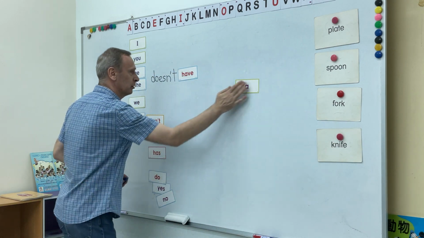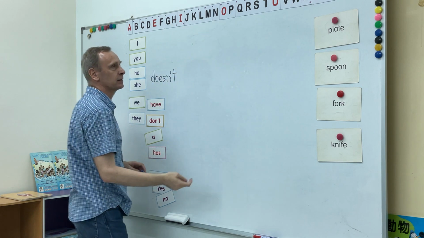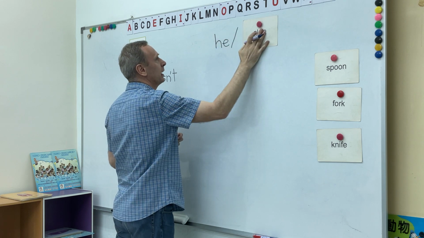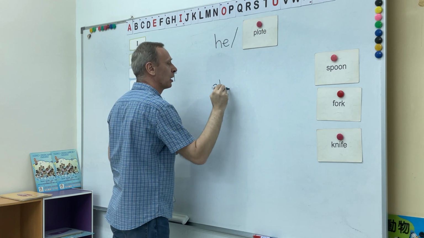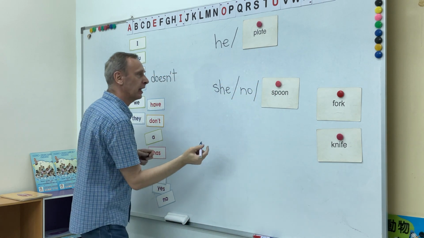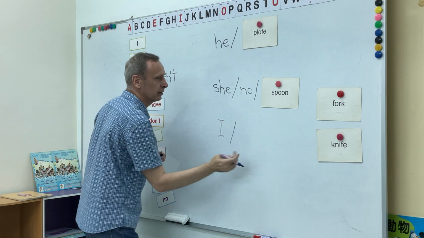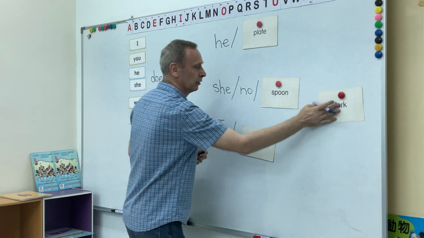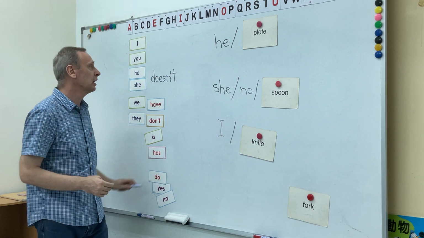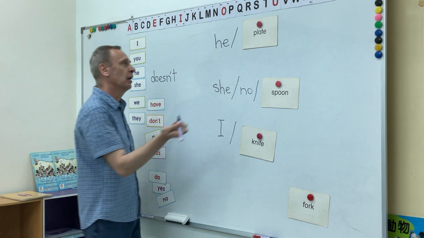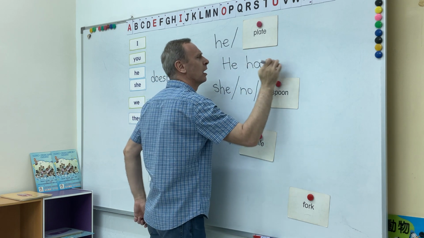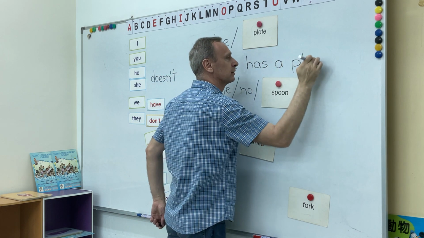Now, let's see if we can make four different sentences. When I say like this, he, and then behind I put the plate. She, and then behind I put no with the spoon. And then I with the knife, fork. Okay, we'll do just these three for the beginning. So now we saw this, he and the plate. If the students remember, we will write like this. He has a plate.